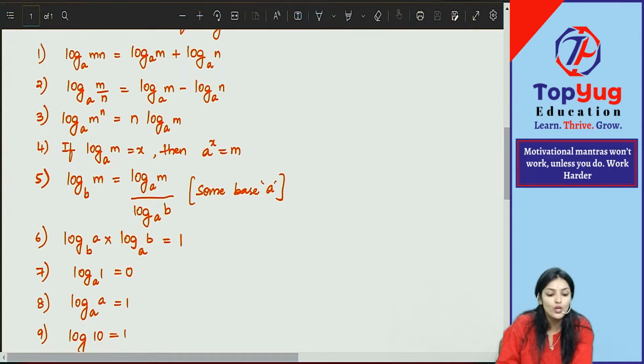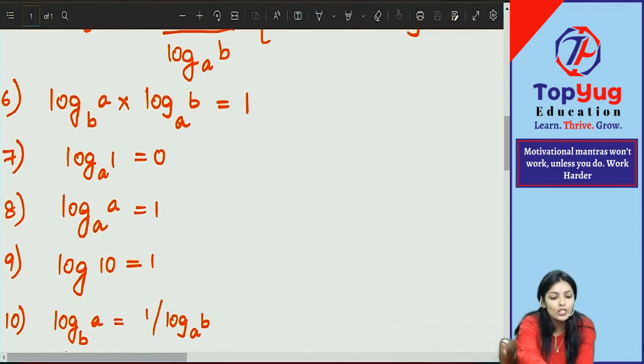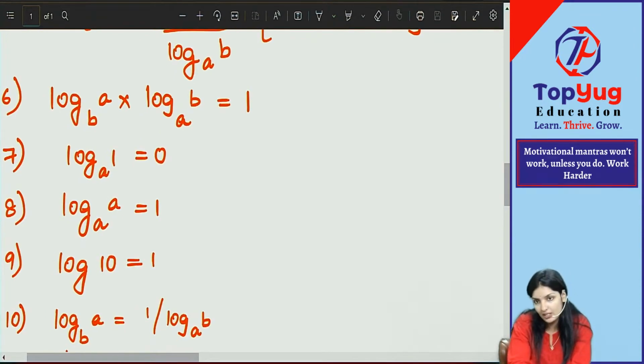Now in the fifth one, what you have to do is split into numerator and denominator considering some base a. Now this is the reverse one, AB into BA, that we can remember. Log 1 is always equal to 0. Log 10 is always equal to 1. Log A to the base A is always equal to 1. That thing we are done.